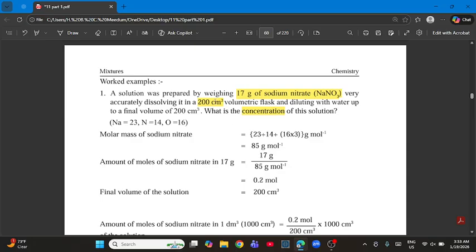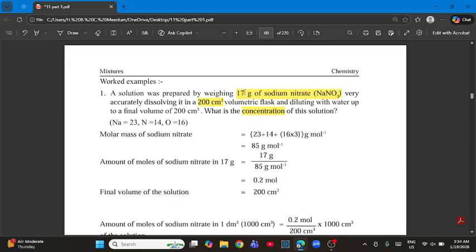Okay, molar mass of sodium nitrate. For sodium it's 23, 1 nitrogen so it's 14, 23 plus 14, oxygen 16, so 3 oxygen here, O3, so 16 into 3, so the total is 85 gram per mole, per 1 mole.